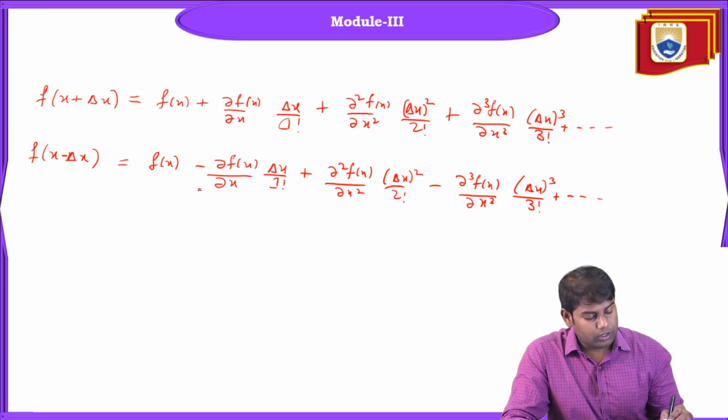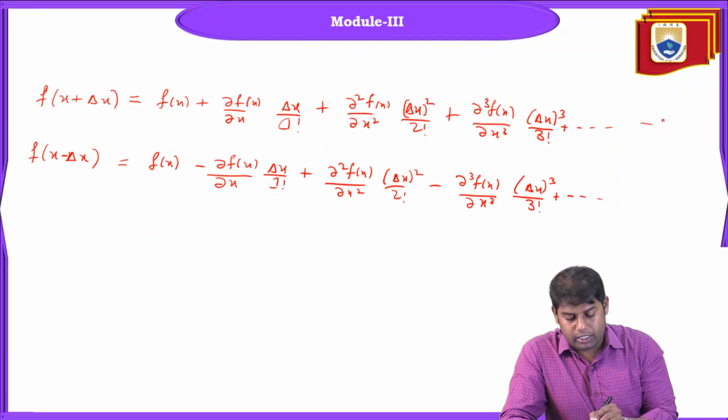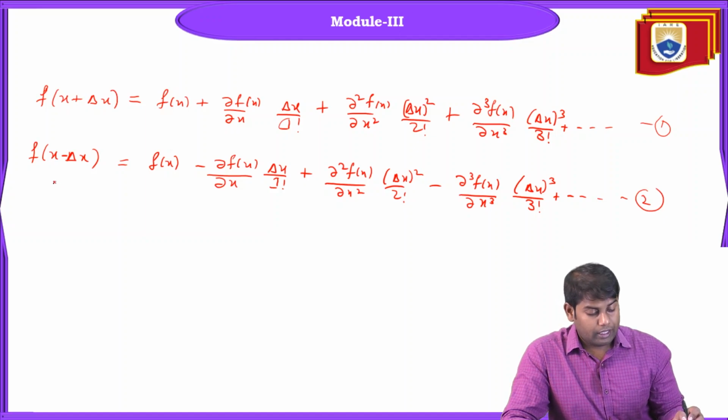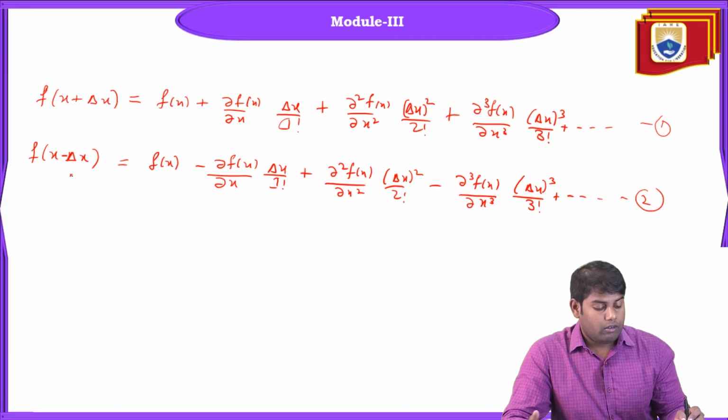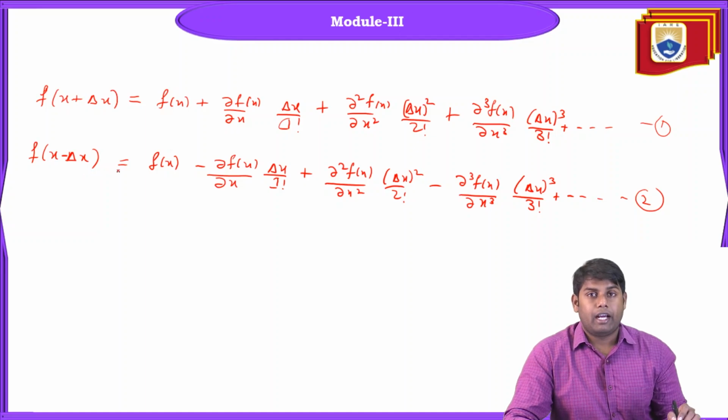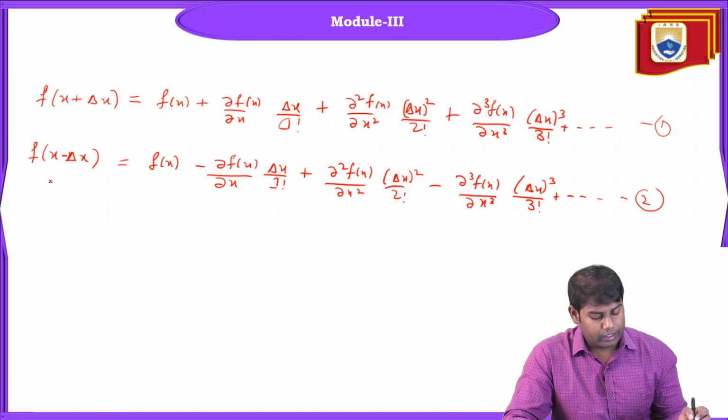Let us take these as equation 1 and equation 2. The difference is that in the second equation the odd derivative terms have the negative symbol and the even derivative terms have the positive symbol.